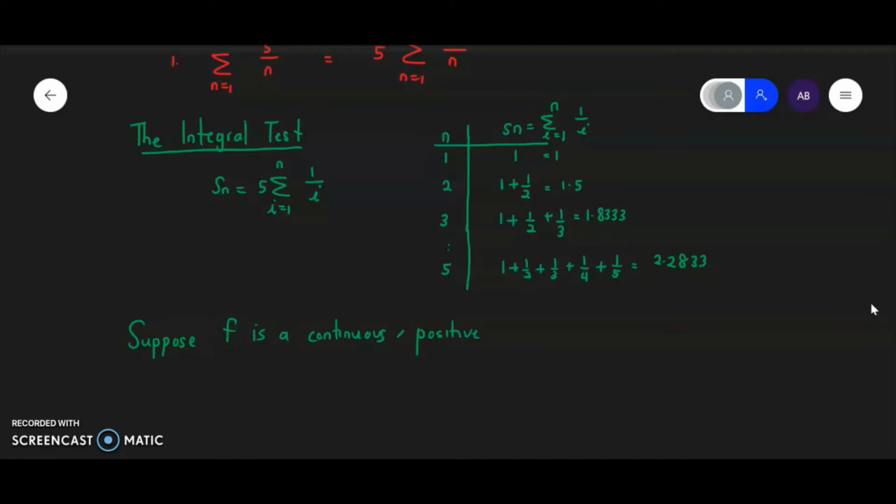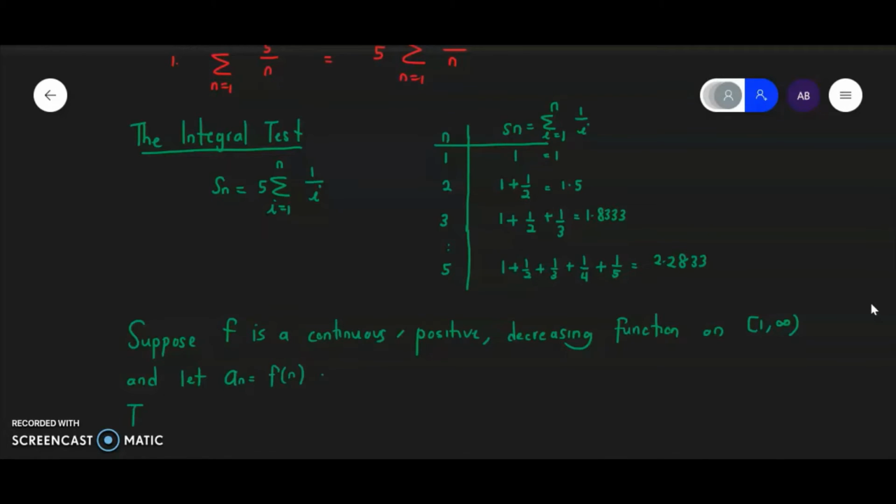Look at the terms here: continuous, positive, decreasing.